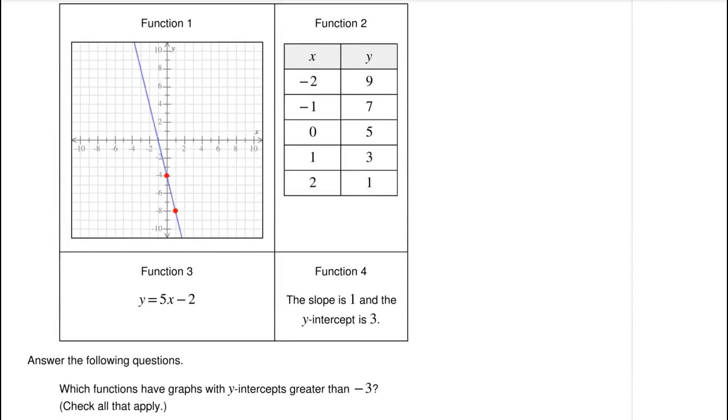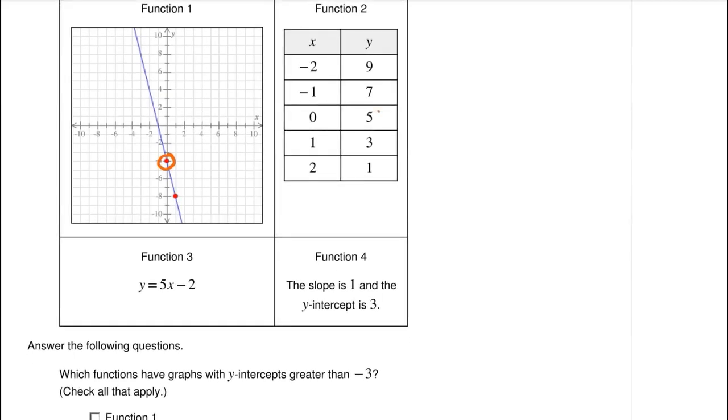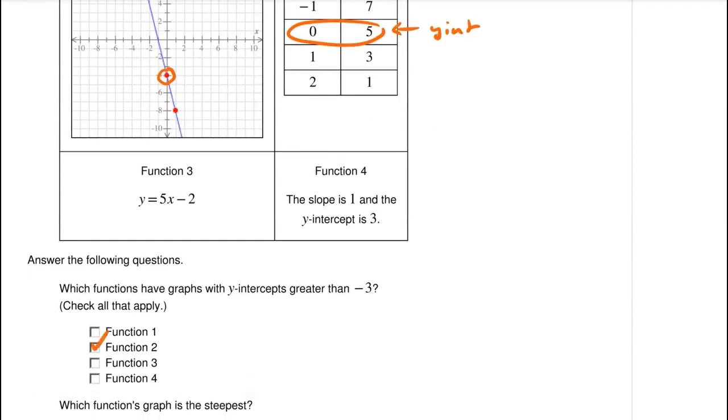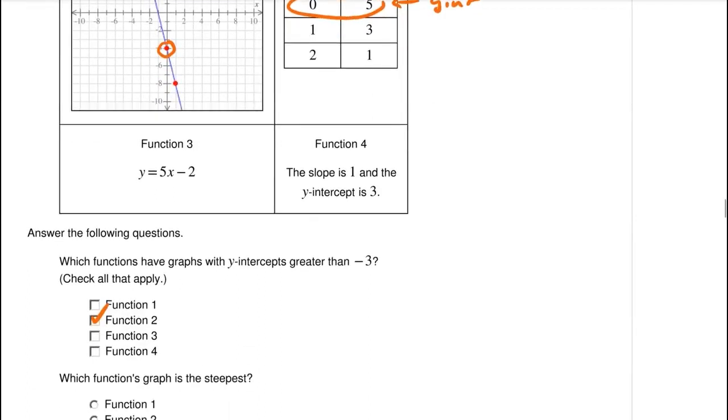For the y-intercept, x is always 0. So here the y-intercept is -4. That is less than -3, so it is not our answer. Next, 0, 5. This is the y-intercept, and it is bigger than -3. Yes, so function 2 is a correct answer.